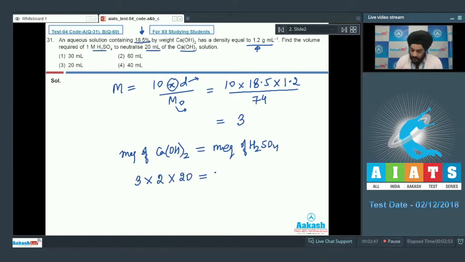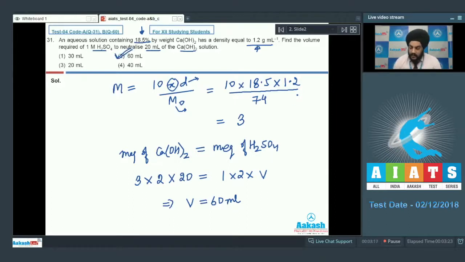And if you look at H2SO4, its concentration is 1 molar, its N factor is 2, and the volume we have to find out. So students, on solving this expression, we get the volume equal to 60 ml. The answer which we are looking for in this question is option 2.